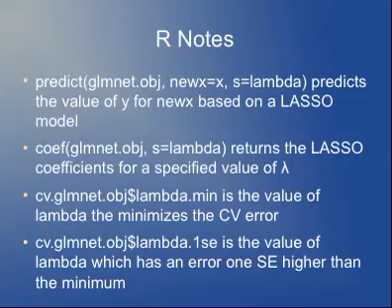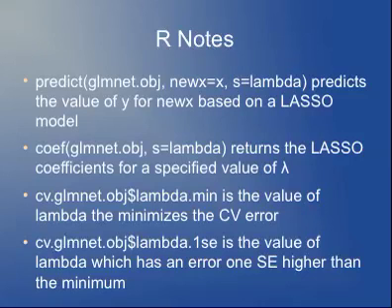And if you have the output for cv.glmnet, if you go cv glmnet object $lambda.min, that will give you the lambda that minimizes the cross-validation error rate. And if you go $lambda.1se, that'll give you the lambda that is one standard error above the minimum value of lambda.